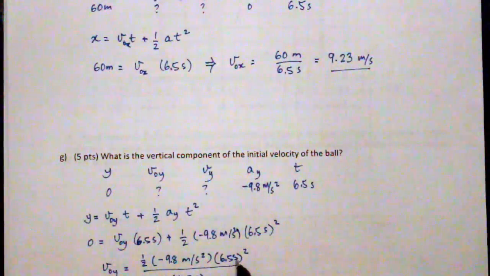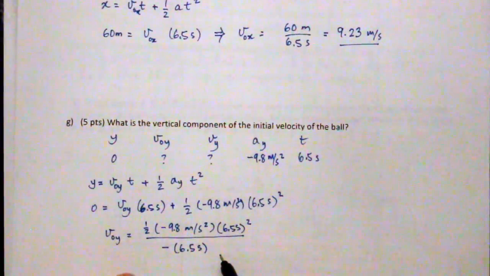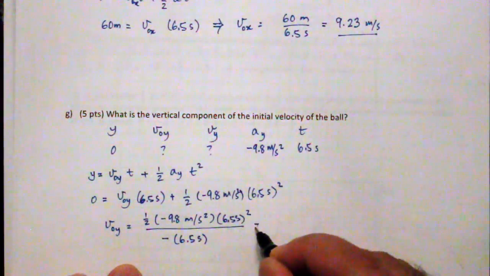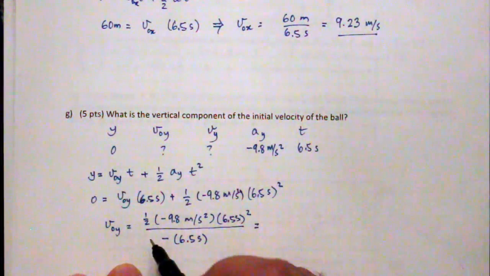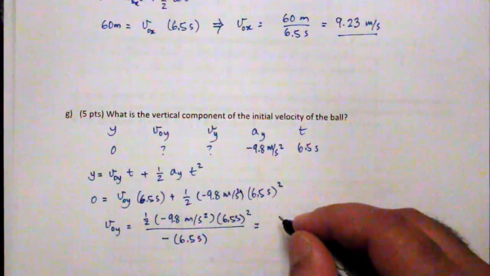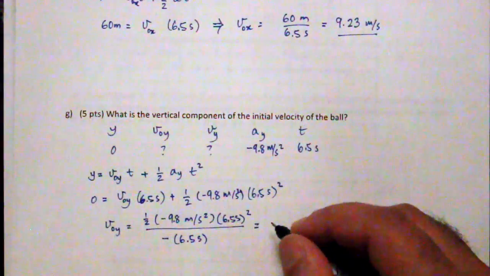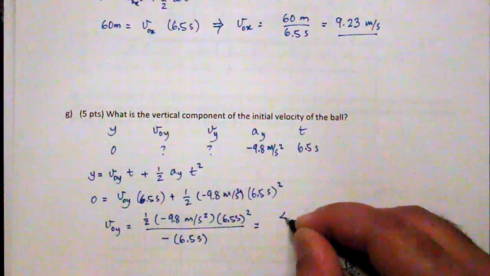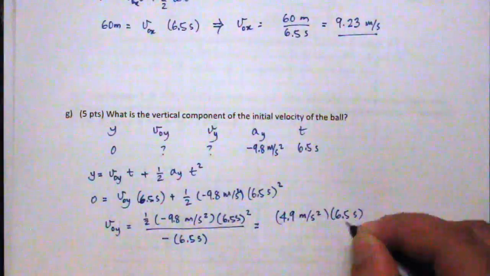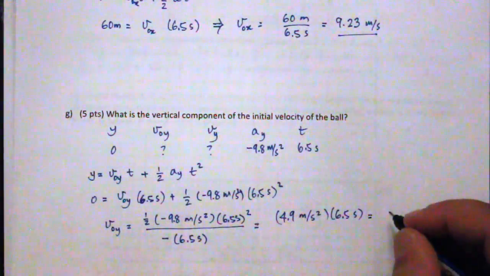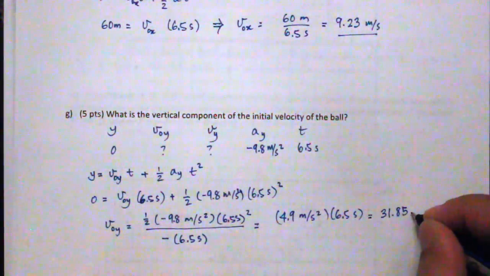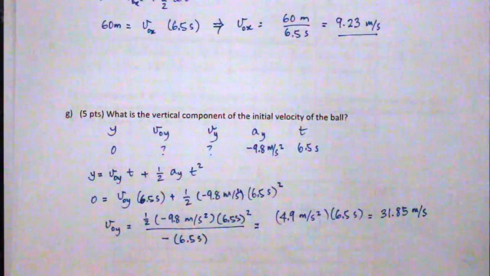And then the 6.5 seconds squared on this side is going to go with the 6.5 seconds here, so I'm left with 1 over 6.5. So this will be half of 9.8, so that means it's 4.9 times 6.5. So I'm left with 4.9 meters per second squared times 6.5 seconds, and this turns out to be 31.85 meters per second.